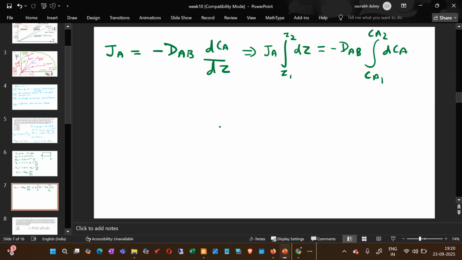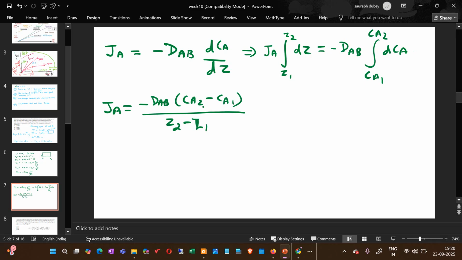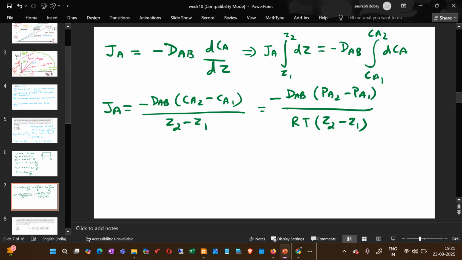Okay. Solving this, you will get JA equals DAB into PA1 minus PA2 divided by RT into Z2 minus Z1.